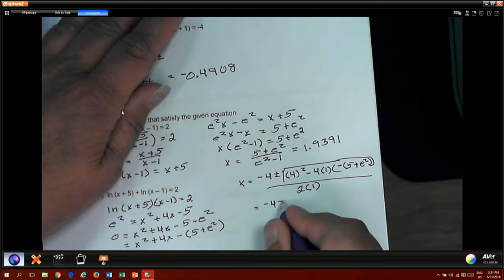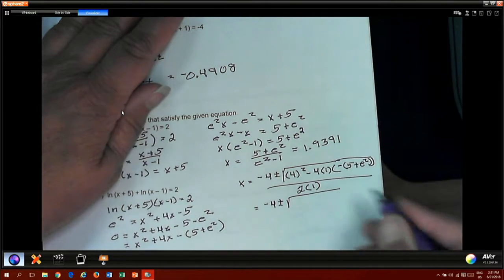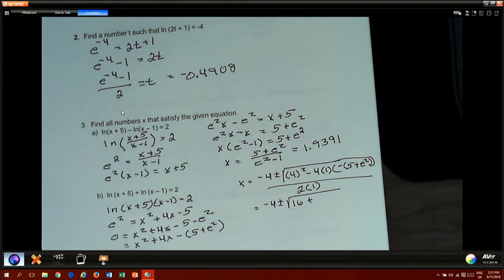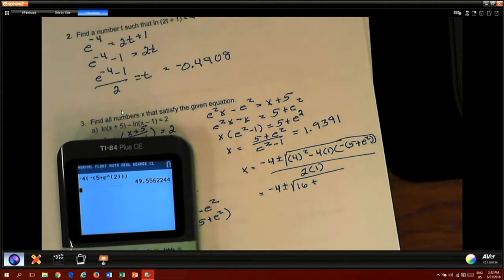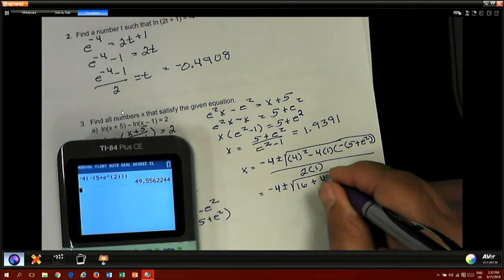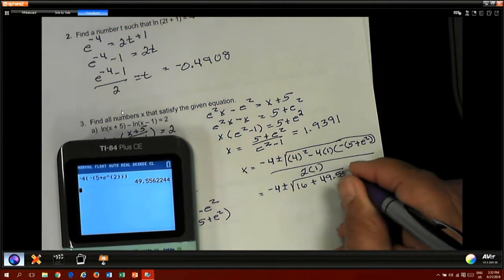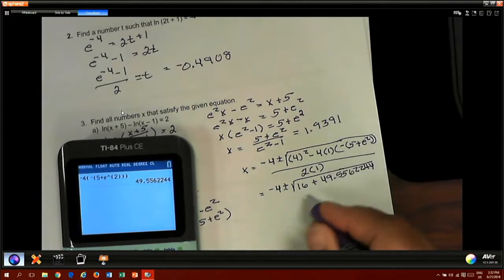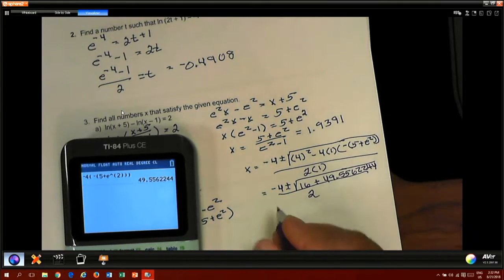So it's negative 4 plus or minus the square root of 16 plus negative 4 times negative 5 plus e squared, which is 49.5562244, over 2.